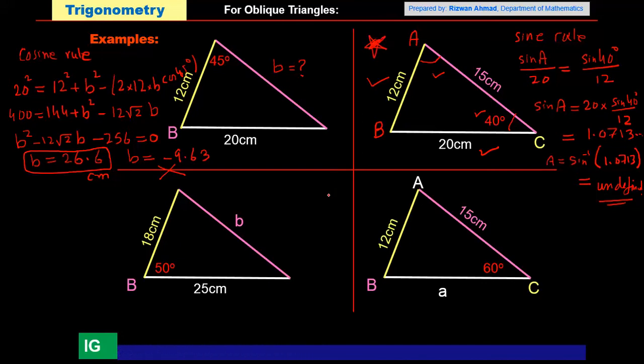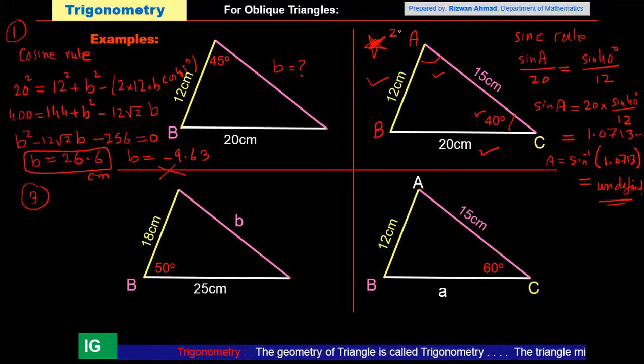Now let's see the other questions, like this third example, which is a typical cosine rule situation. The third side is missing and this side is the side opposite to the given angle. So it's an ideal situation to use the cosine rule.